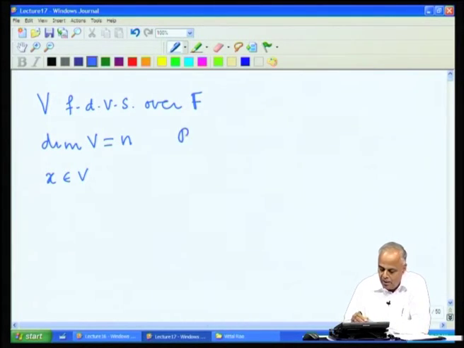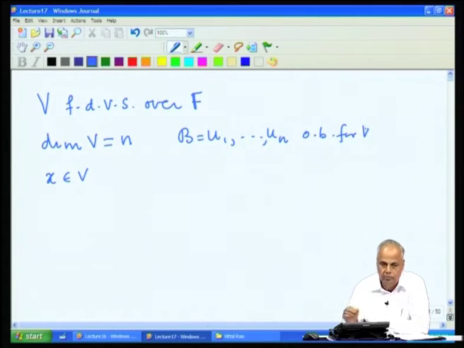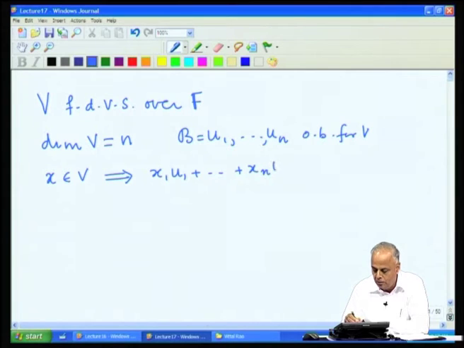So, B equal to u1, u2, un is an ordered basis for V. Then every x in V has a unique representation as a linear combination of these basis vectors.